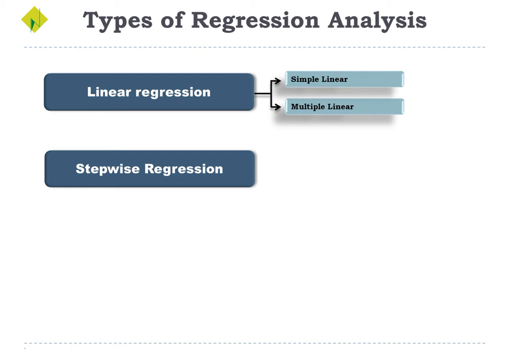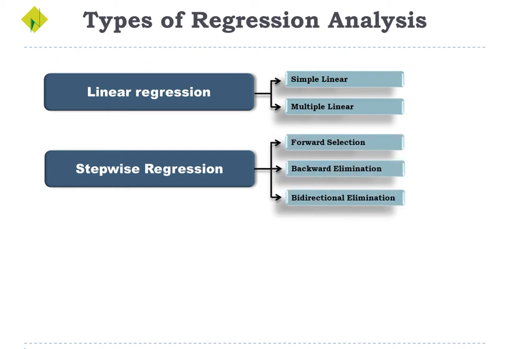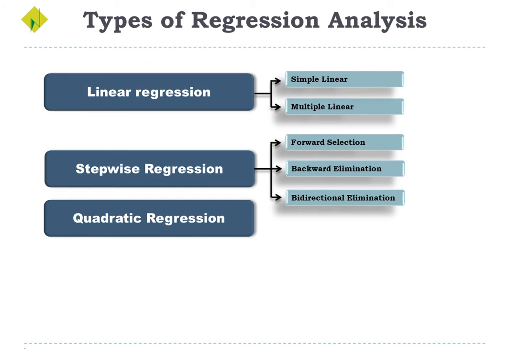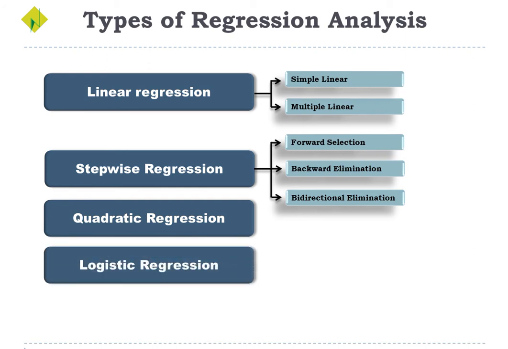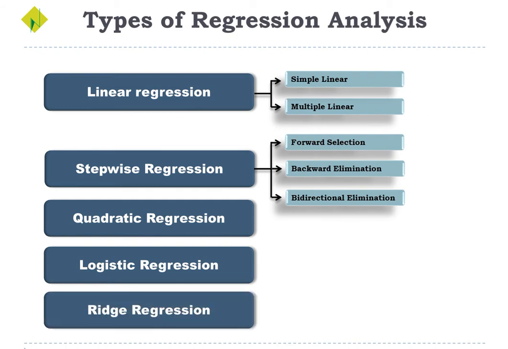The next model is stepwise regression, which has three different types: forward selection, backward elimination and bidirectional elimination. And quadratic regression is a non-linear regression model. The next one is logistic regression and the last one is ridge regression.